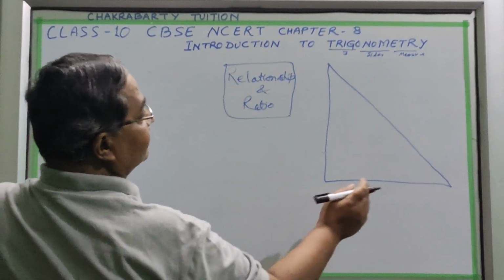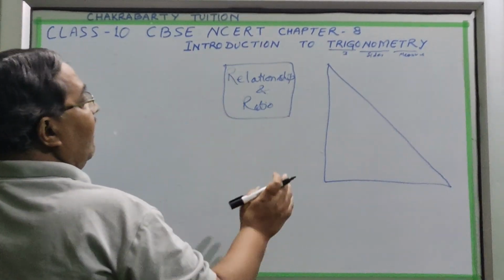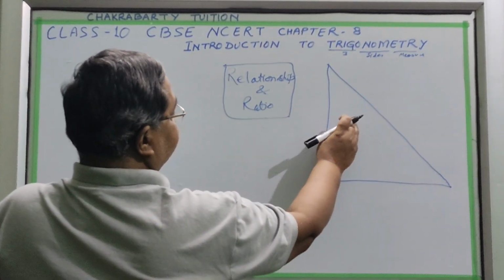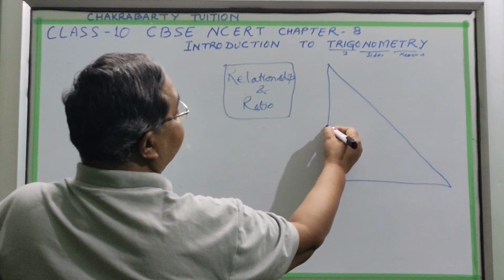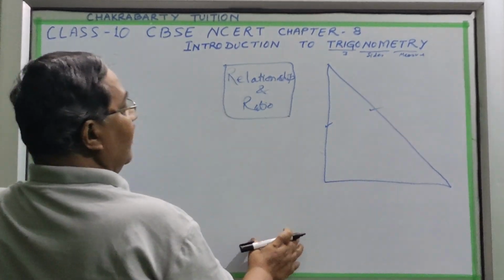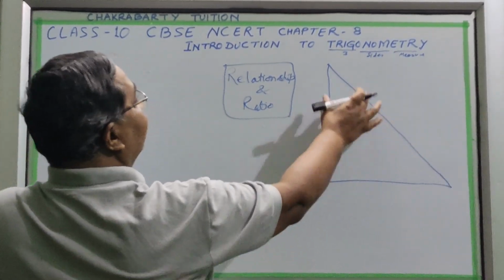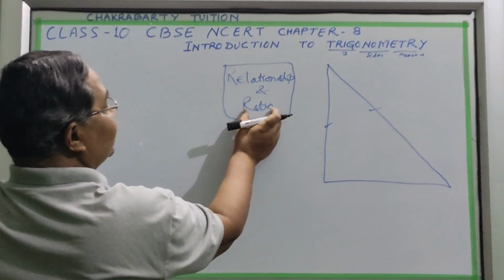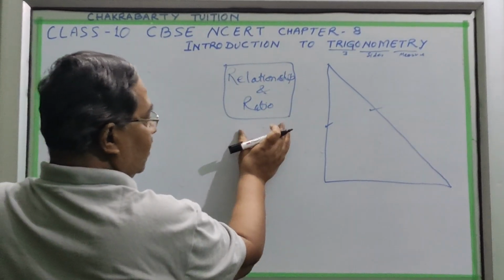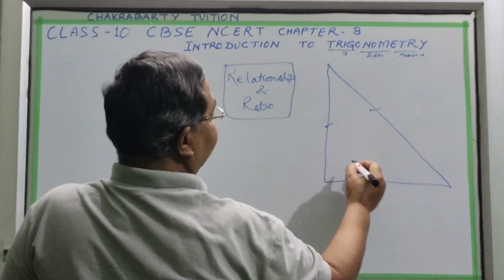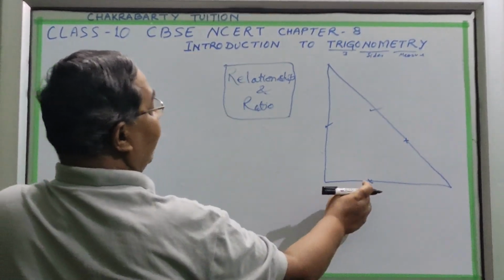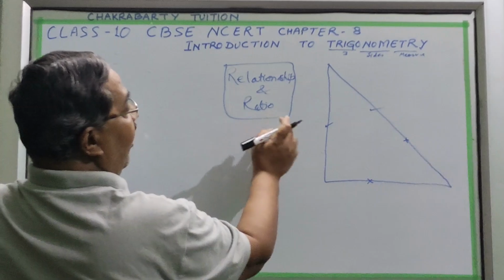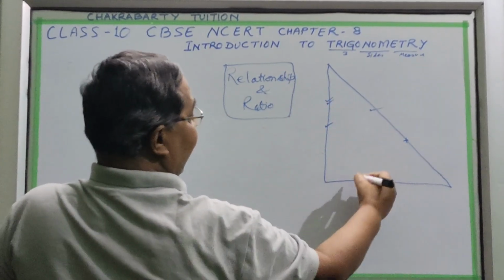So suppose this is a triangle, and here we want to know the relationship between this line and this line. So for that in trigonometry some ratio is given. So one ratio is given for this line and this line.